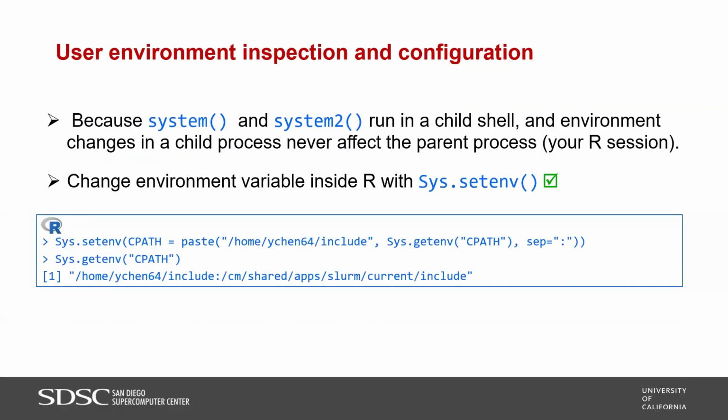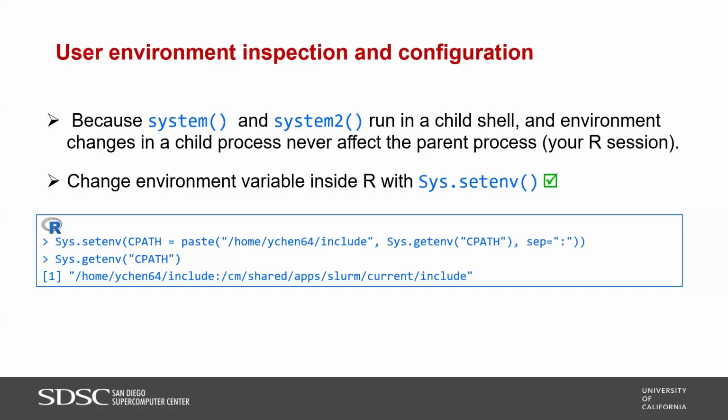So to change the environment variable in R, we usually use a function called Sys.setenv. This function is very useful if you want to assign or change your environment variable in R, and you can just set the path like this example.